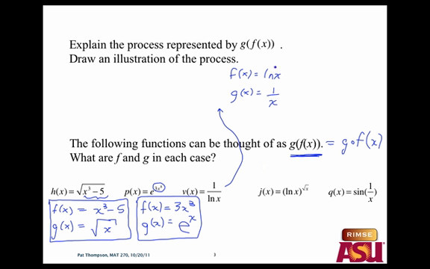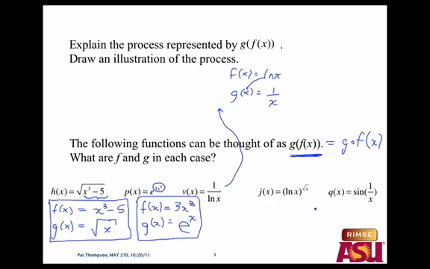So if the output of f, ln of x, was the input of g, we would get this function v of x, which would be 1 over ln of x. Okay, we saw in the second class that this one is a little trickier and kind of beyond the level of difficulty that we need right now to get the idea of composite functions. So we'll just skip over that one.